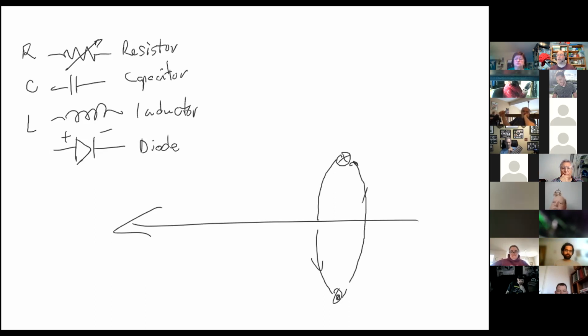So basically it's making a loop. My magnetic field would be making a loop that goes into the page here and out of the page over here. And I could draw more of these.